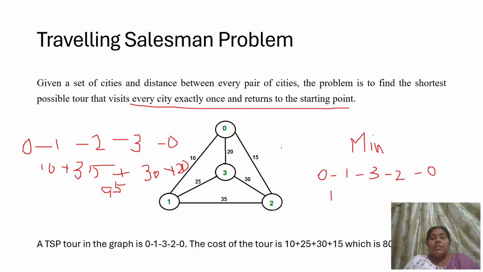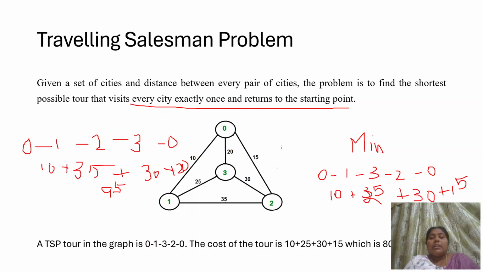So 0 to 1 is 10, plus 1 to 3 is 25, plus 3 to 2 is 30, then 2 to 0 is 15. So 10 plus 25 plus 30 plus 15 is equal to 80.